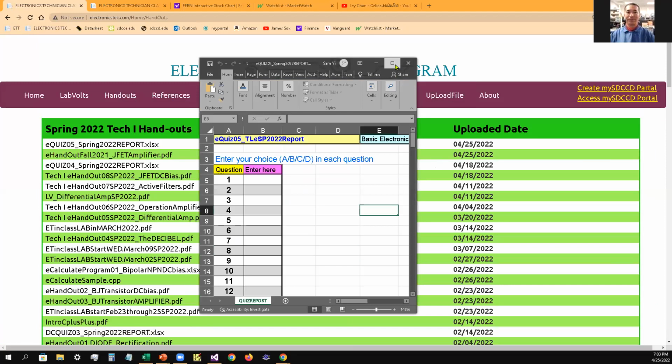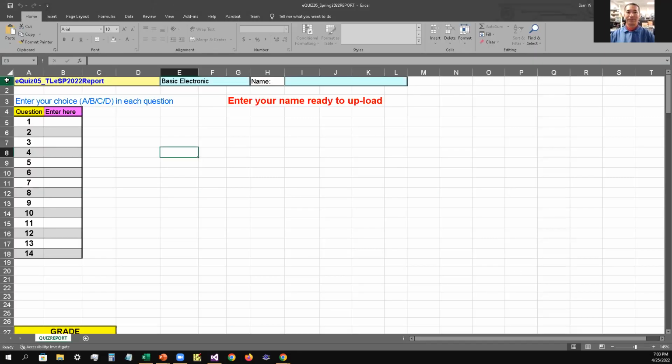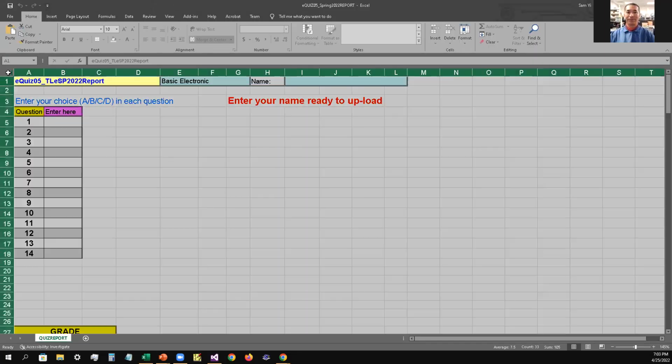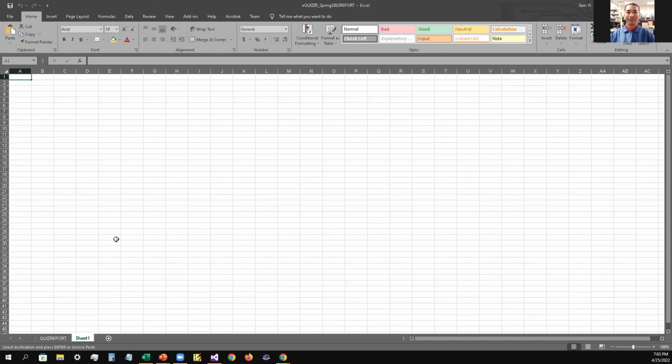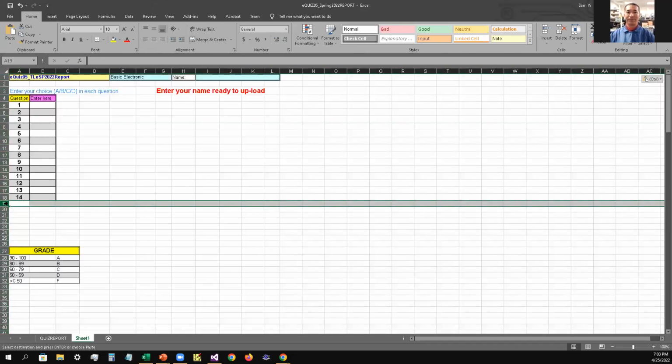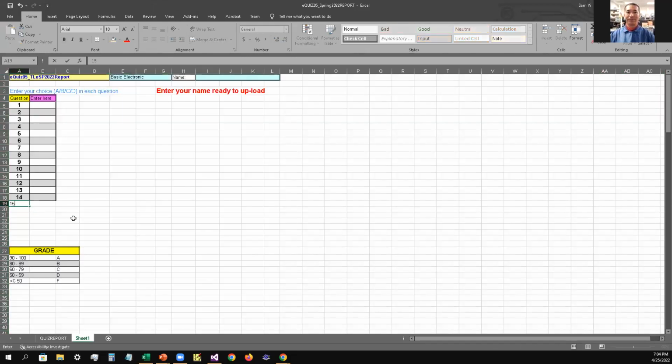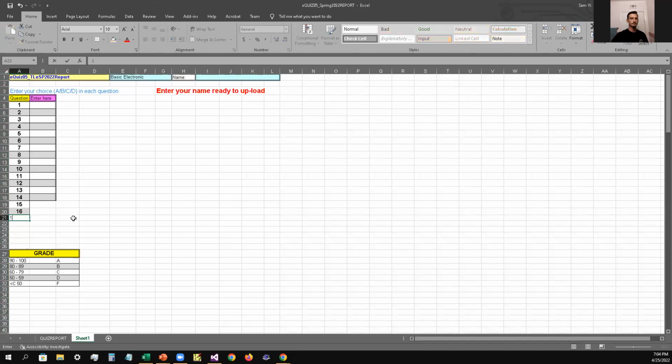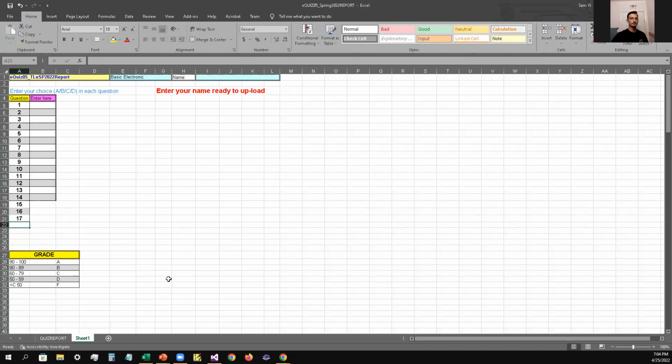And then just copy this sheet here. Just highlight that, copy, open up another worksheet, and then come here, paste it, and then you can add number 15, 16, and 17. Okay, and then just put the answer there. Thank you. Okay, thank you very much.